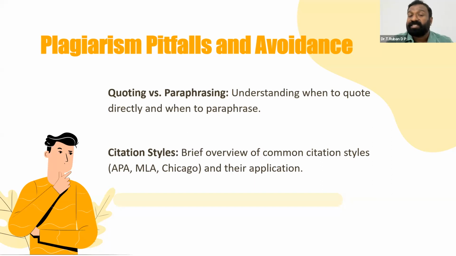When a voice is distinctive and can't be replicated, quote directly. It is like letting that voice sing its unique melody. On the other hand, when you convey the idea in your own words without losing meaning, it's paraphrasing. It's like adding your own harmony to the choir, respecting the original tune.